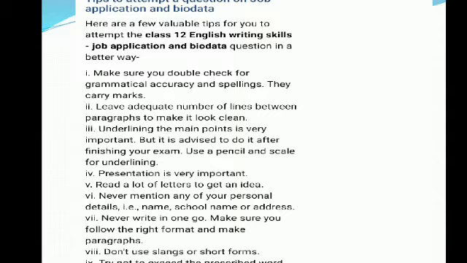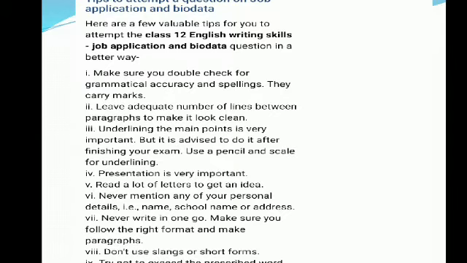Then the next point, presentation is very important. Presentation holds its own importance, because it is needed in the examination at the time of answering the questions. That's why presentation should be apt, and it should be well done.